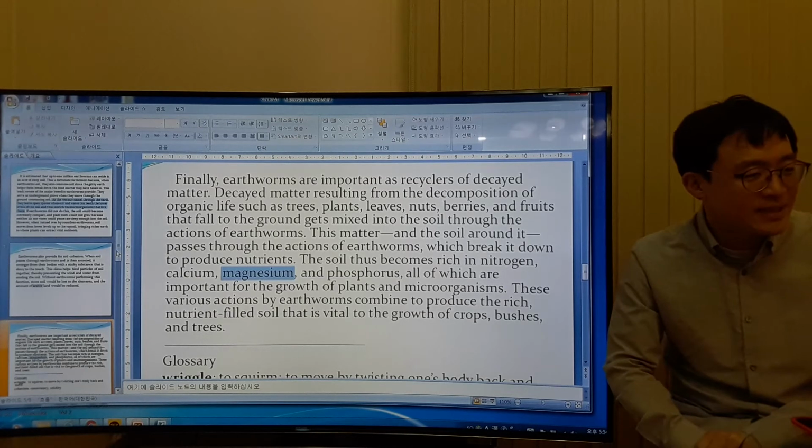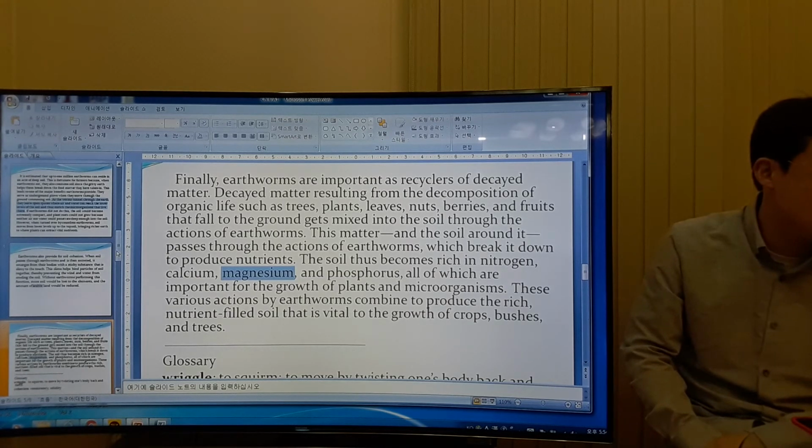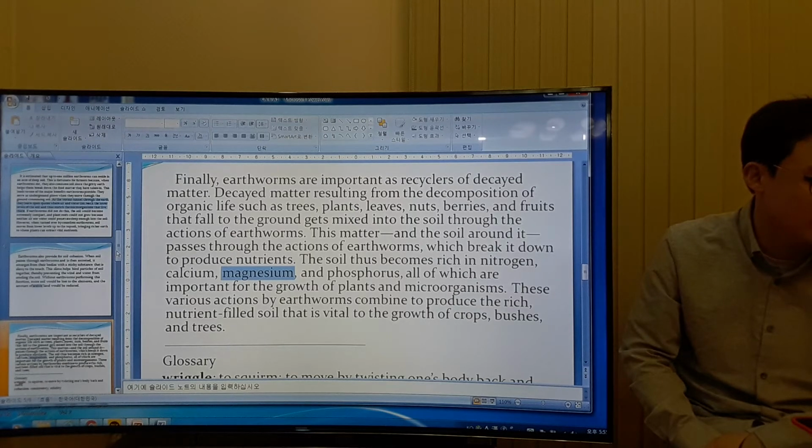And this mixed matter and the soil around it are carried by the actions of earthworms, which break it down to make nutrients.